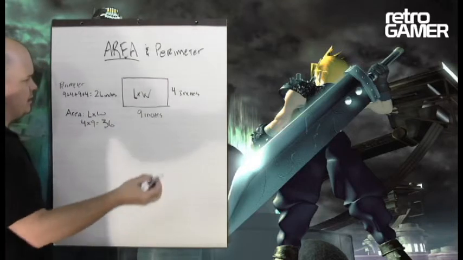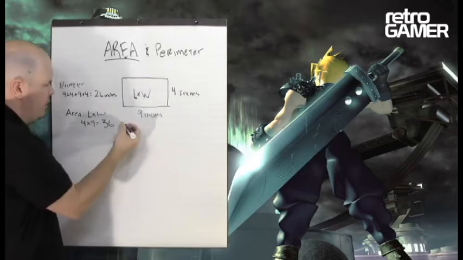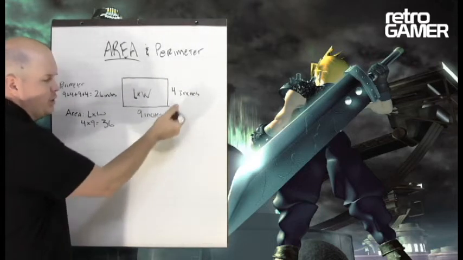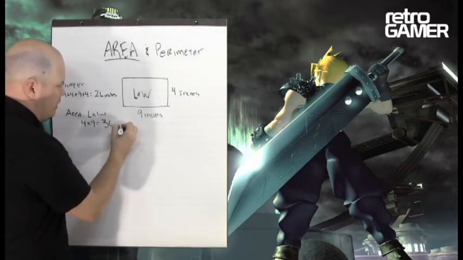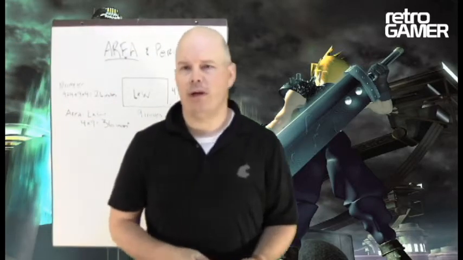Now, since I'm multiplying 4 times 9, I'm also doing inches times inches, which, since we don't know what an inch actually is, we're just going to leave as inches. And then we put this little 2 right there, and that stands for square inches.